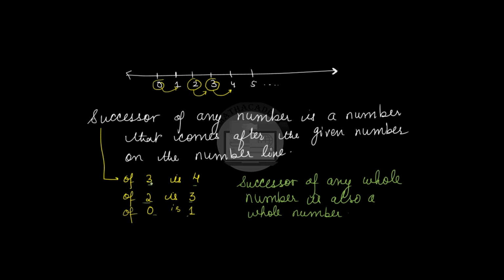As we have seen before, the successor of 3 is 4, the successor of 2 is 3, the successor of 0 is 1. So we pick up any whole number and try to find its successor. That successor will also be a whole number. So I hope this much is clear to everyone.